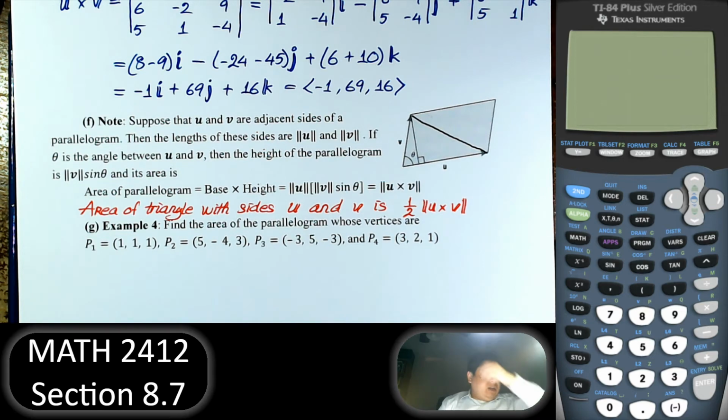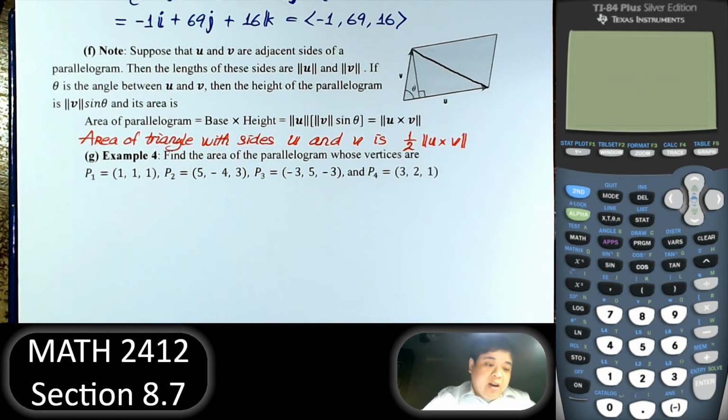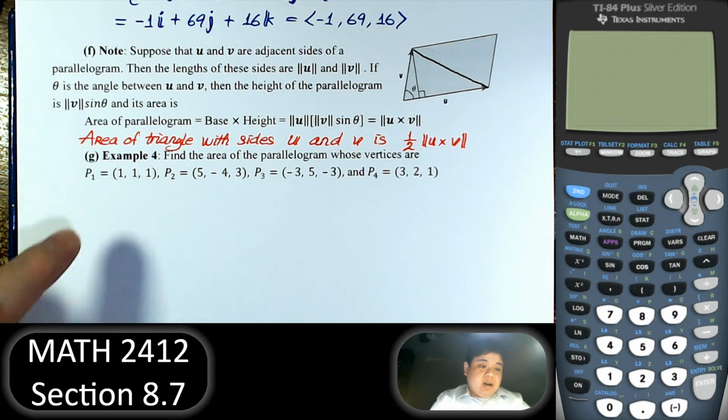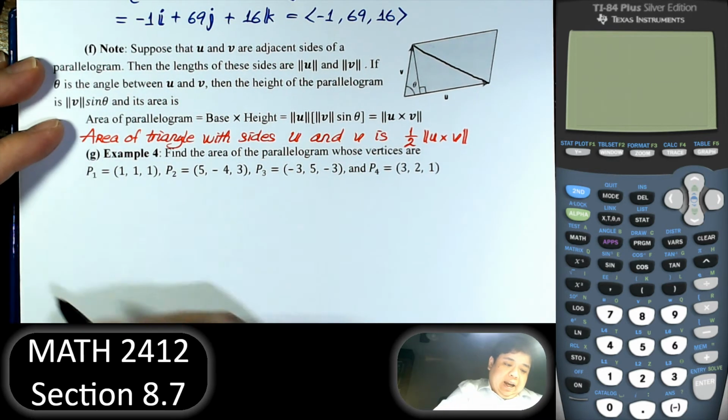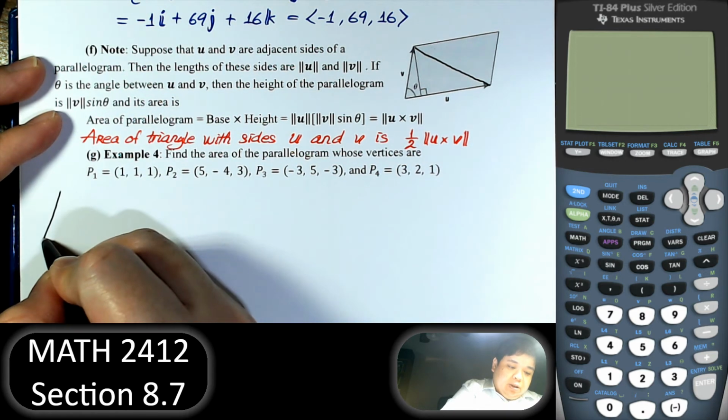Right, now here's an application. Find the area of the parallelogram whose vertices are 1, 2, and 3. So we have those vertices. And let's draw a sketch.